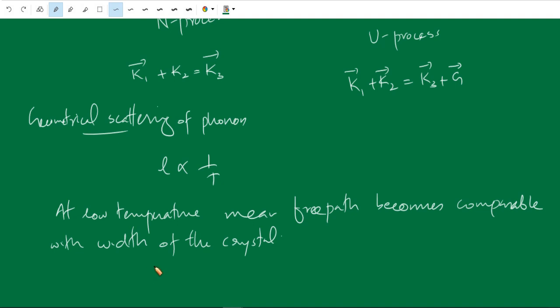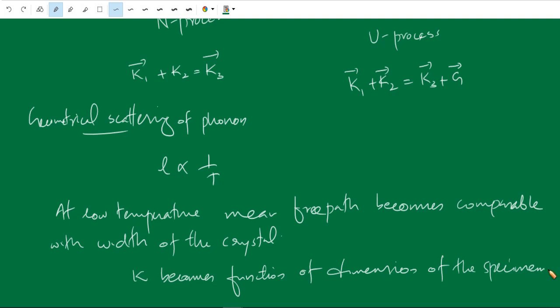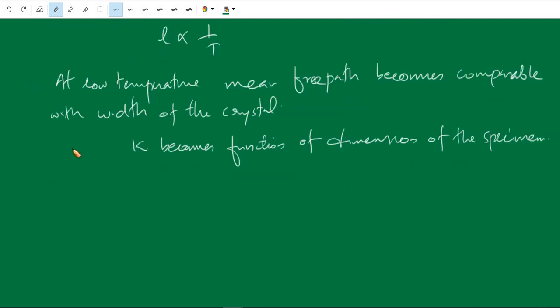Therefore, the thermal conductivity coefficient becomes a function of the dimension of the crystal. Therefore, we can write the thermal conductivity coefficient kappa is of the order of CV into, instead of mean free path, the diameter of the crystal, CVD.